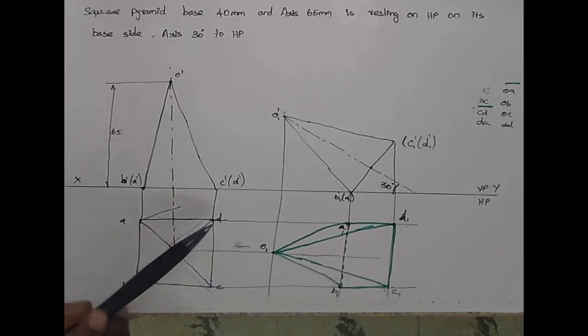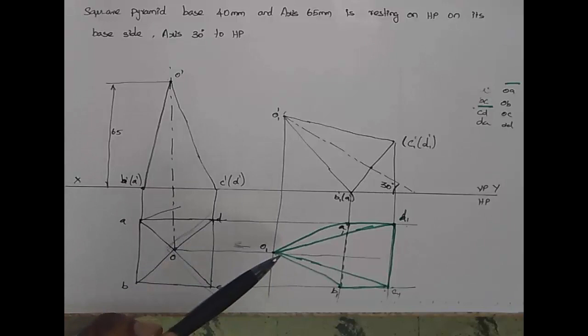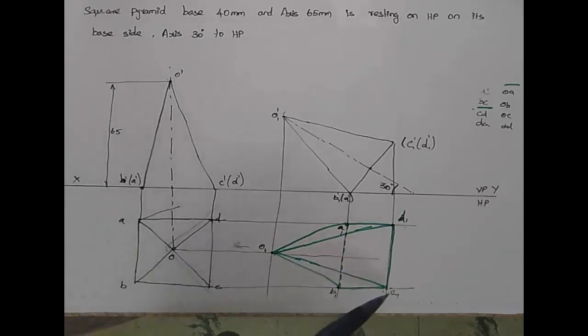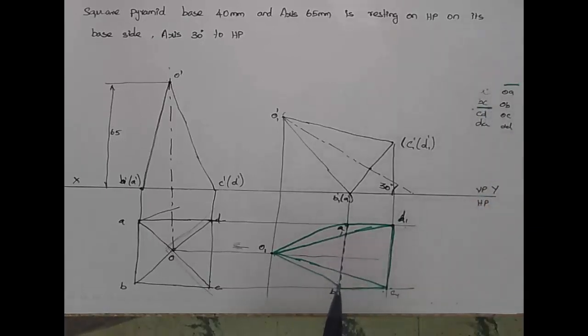So now connect OD with thick line, and OC with thick line, and CD with thick line, and the remaining edges have to be connected with dashed lines. Now come to this edge AB. AB is here. So connect this AB with dashed lines.